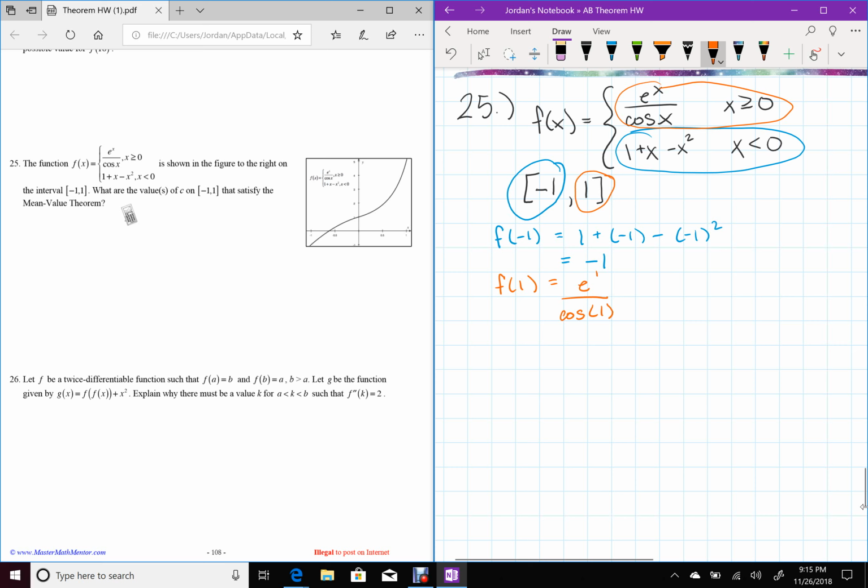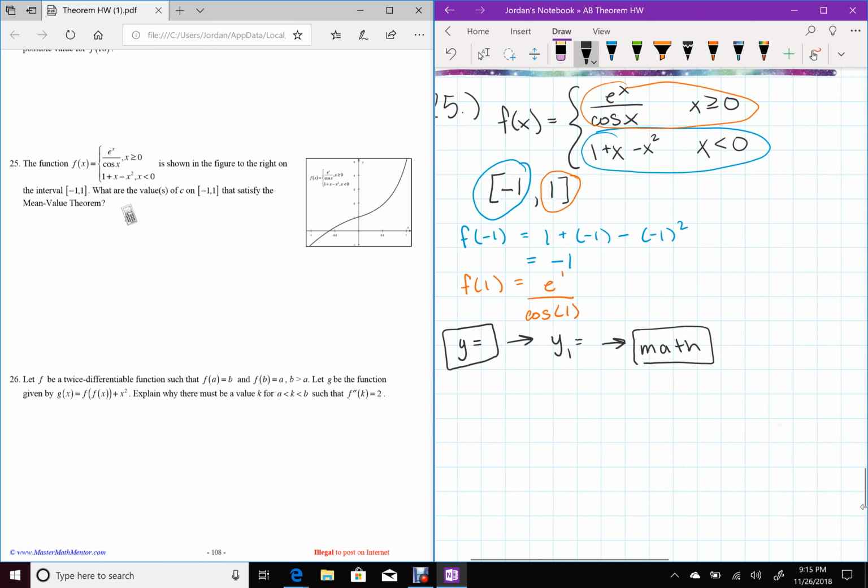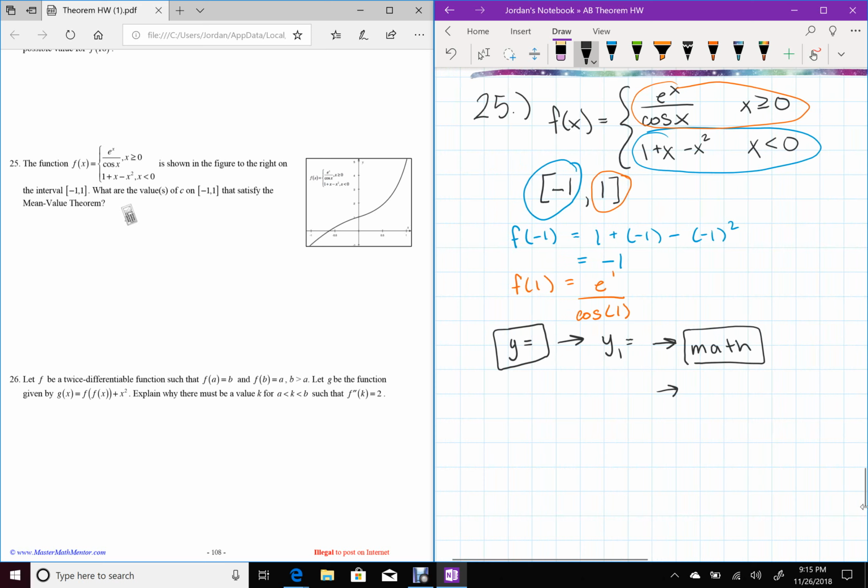The answer is both. So in your calculator, what you'll do is you will go to the y equals button. From there, in the y1 area, you're going to enter that input field, and you're going to press math, and then you're going to go down and press 8 for n deriv.